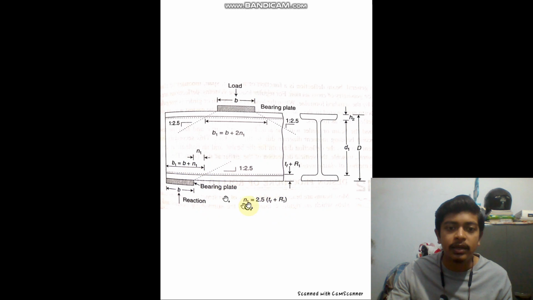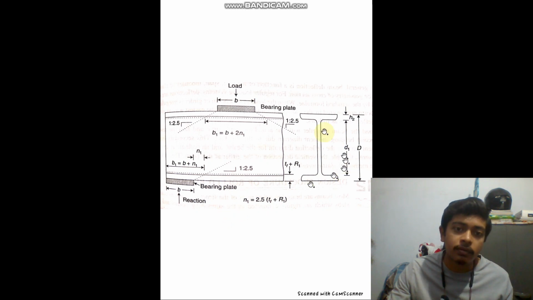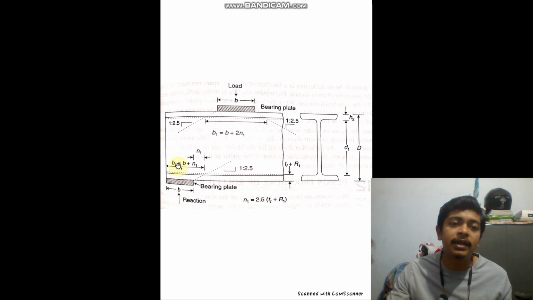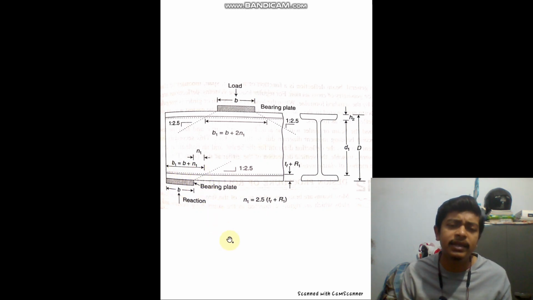This is N1. This multiplied with the thickness gives you the area available. That area will be carrying the load being transferred here, so ultimately that area should not fail. You have to make sure of that. That is how you can check for web crippling. When we do our problem, you'll see how it pans out.